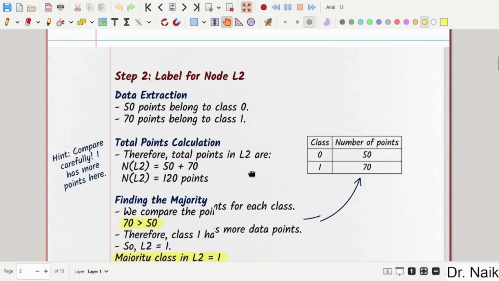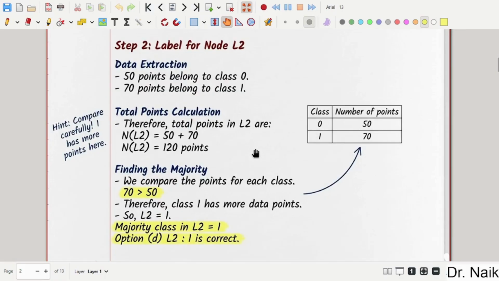Now let's see the label for node L2. Node L2 has 50 points that belong to class 0, and it also has 70 points that belong to class 1. So the total points in node L2 are 50 plus 70. That means the total number of points in node L2 is 120. Now compare the points for each class.